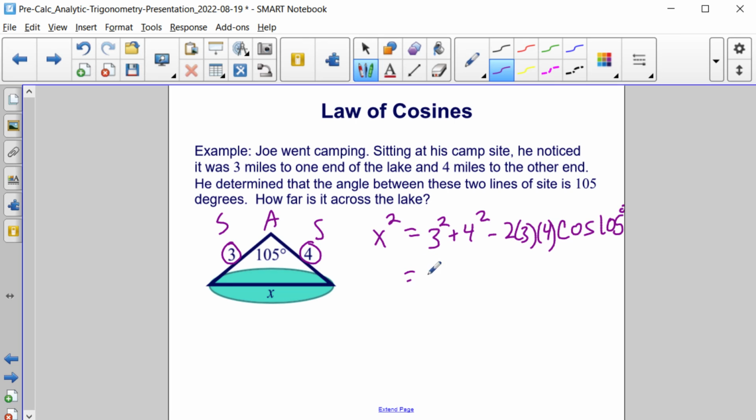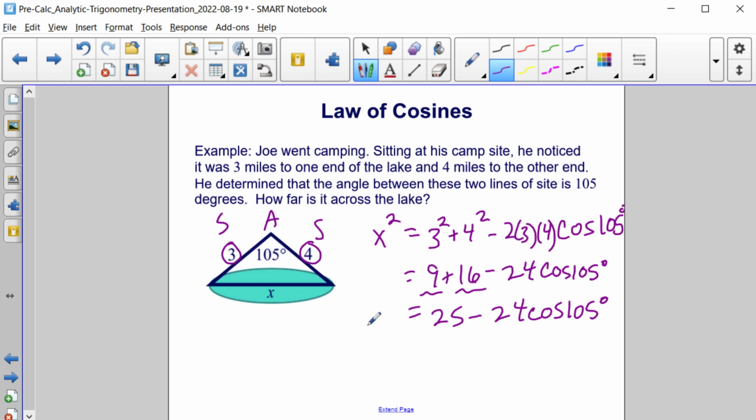And then if we evaluate these, we'll have 9 and 16 minus 24 times the cosine of 105 degrees. And then we can combine the 9 and 16 together to get 25 minus 24 times the cosine of 105 degrees. And that's still what x squared is equal to.